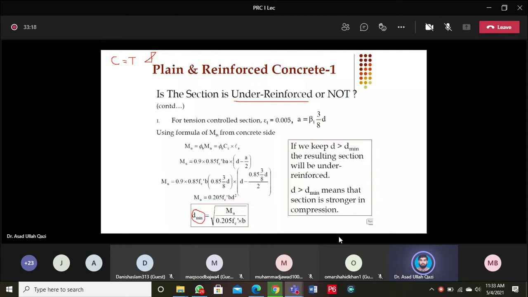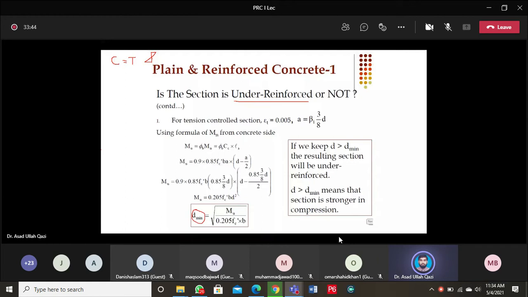So this d minimum, you will notice that we will derive in such a manner that this will guarantee us that if I am going with this minimum effective depth, there is absolutely no chance that I will end up with a section which will be over reinforced, which is undesirable.